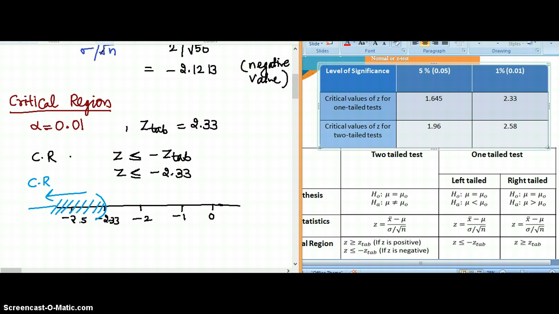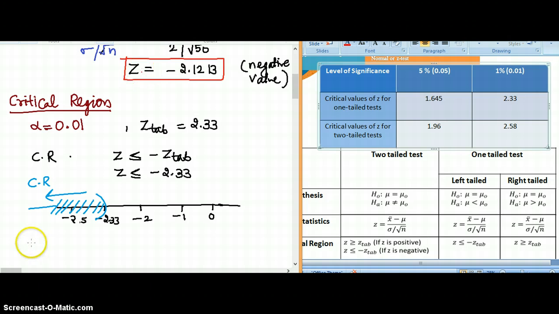What this critical region means is that if the value of z that we calculated lies in the critical region, we will reject the hypothesis, otherwise we will accept it.